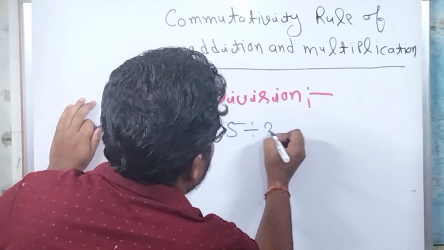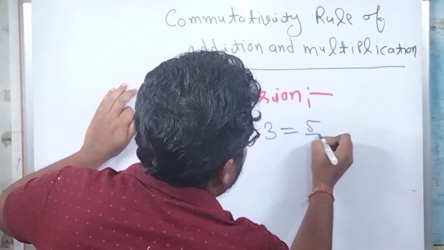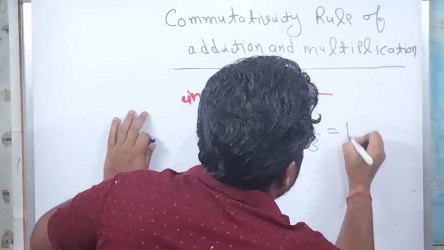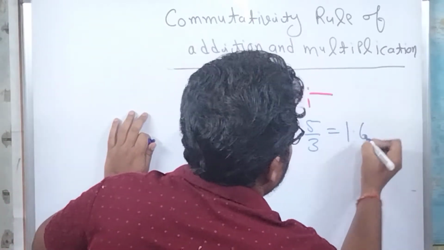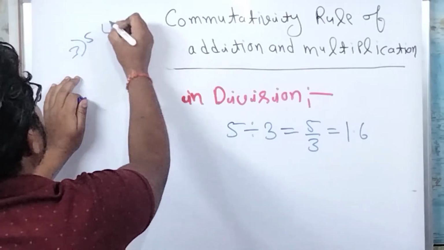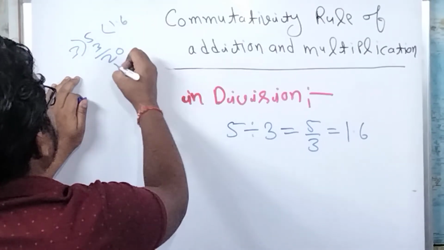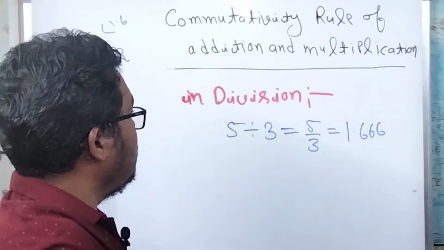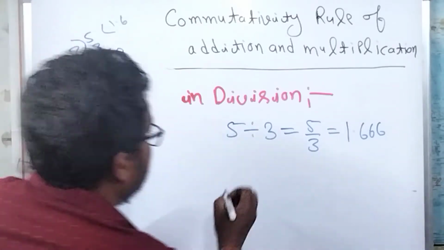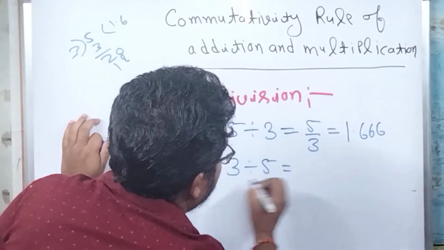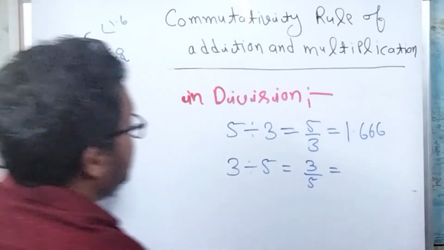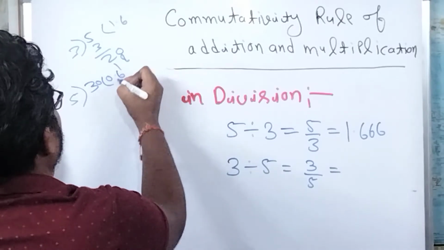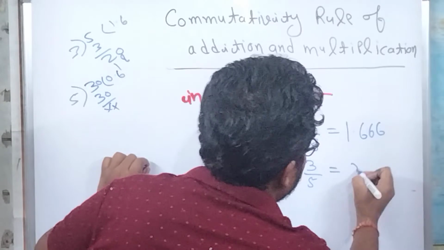5 divided by 3, 5 by 3, this value in decimal is 1.666. And 3 divided by 5, 3 by 5 is equal to 0.6.